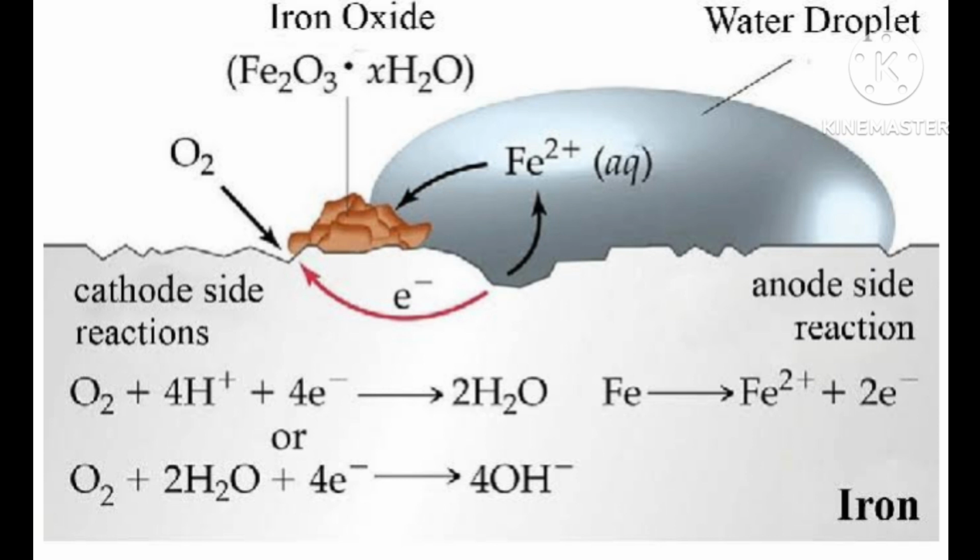Here I want to tell you one more thing. You might have seen black rust also in old buildings. In old buildings near the road you will find black rusting. What is that? That is Fe3O4.